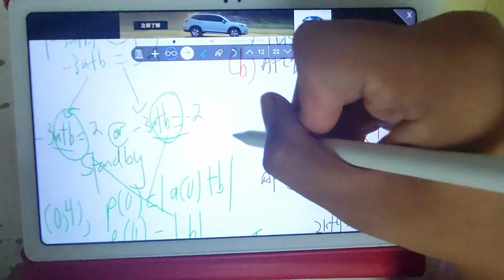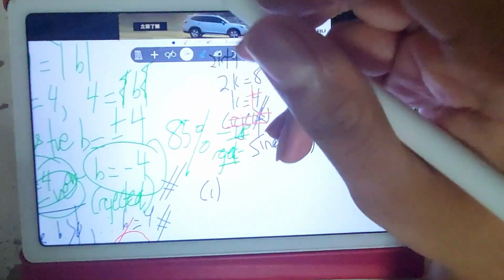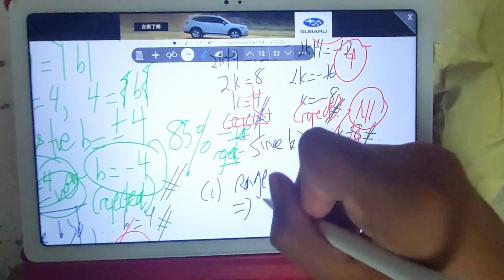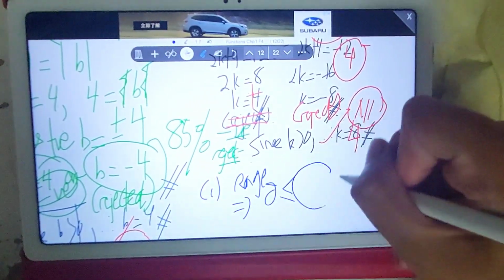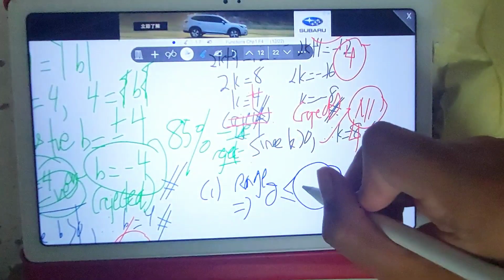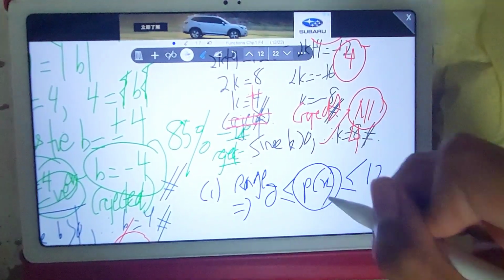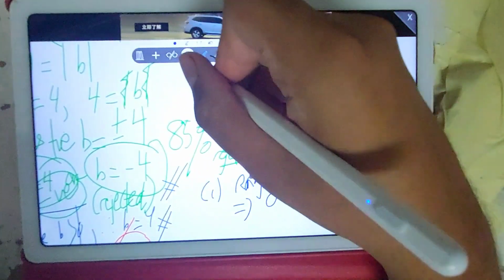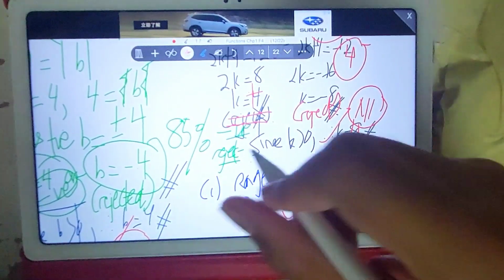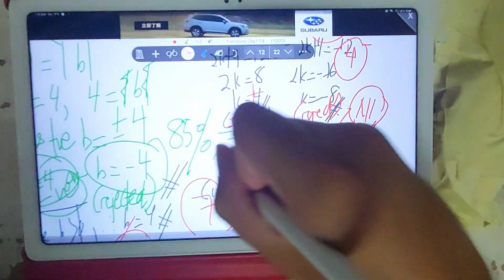So you can conclude that how to write the range, you must write it in the correct manner as well. So what function do I write here? Depends on the graph of the y-axis. So the y-axis uses P(x), you write P(x) here as well. So this is how you get your N1 mark. So total here in this question gives you 7 marks.